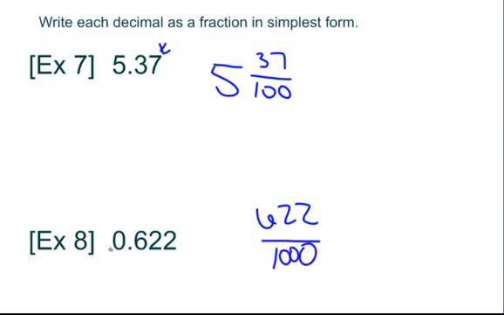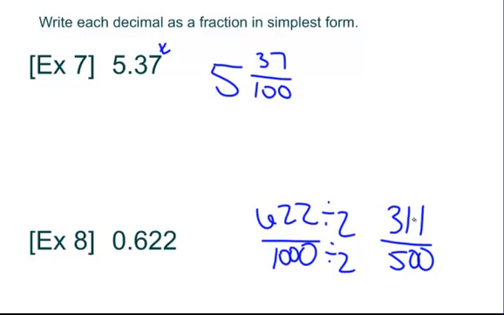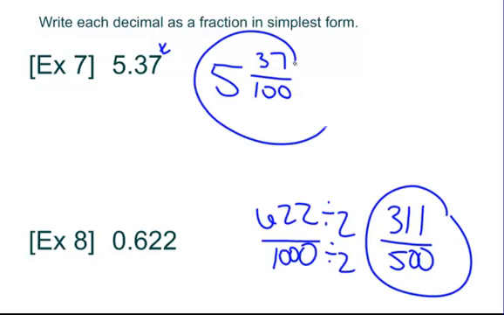And there's nothing in front, so there's no whole number in front, it's a 0. Let's divide that by 2. Now, real quick, 2 goes into 6 3 times. 2 goes into 2 once, 2 goes into 2 once. We have 311 over 500. And there we go, simplified. Again, put the place value of the last digit in the denominator.